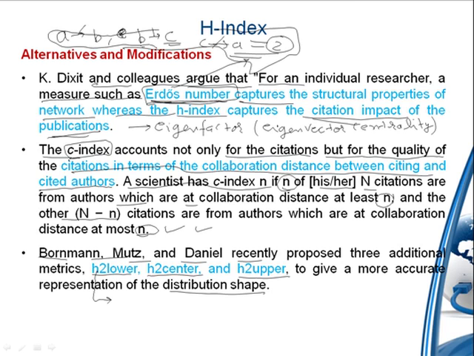H2 lower considers conference articles, conferences or journals in a low impact area, while H2 center considers the conferences or journals captured by the H index, and similarly H2 upper considers the area from publications with the highest visibility.